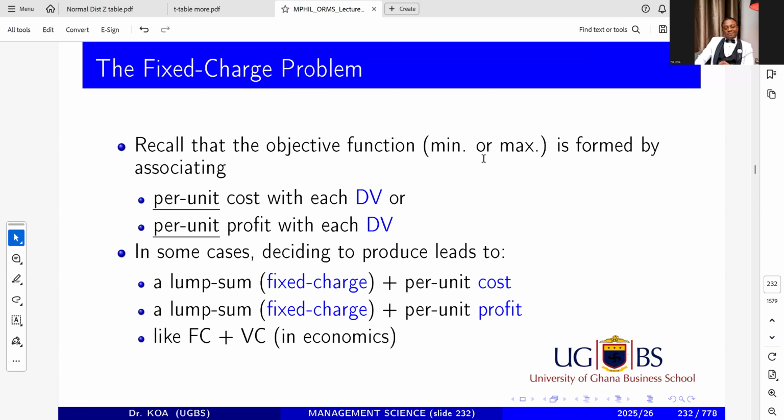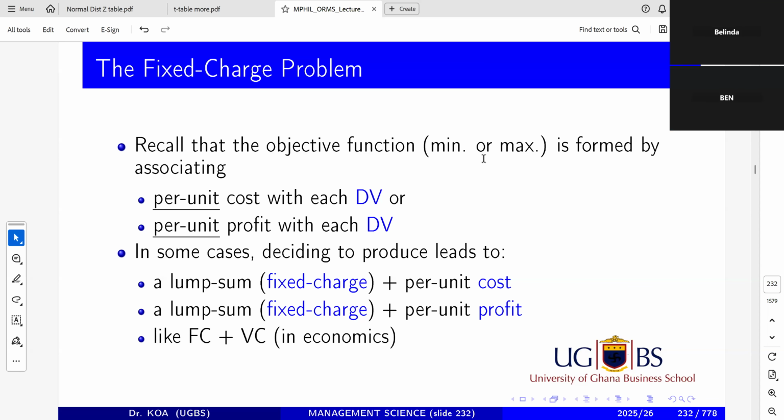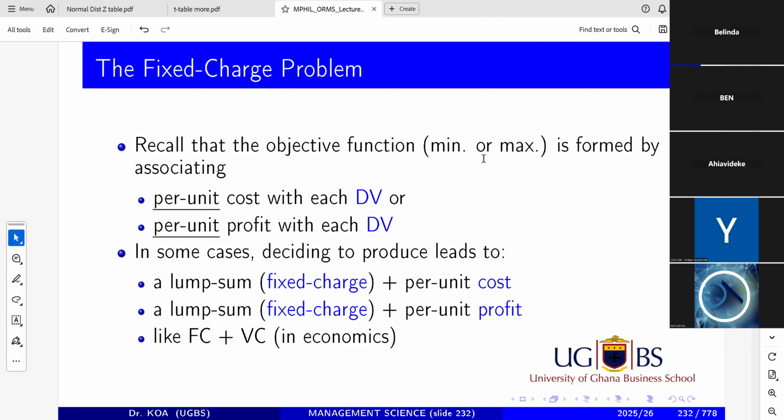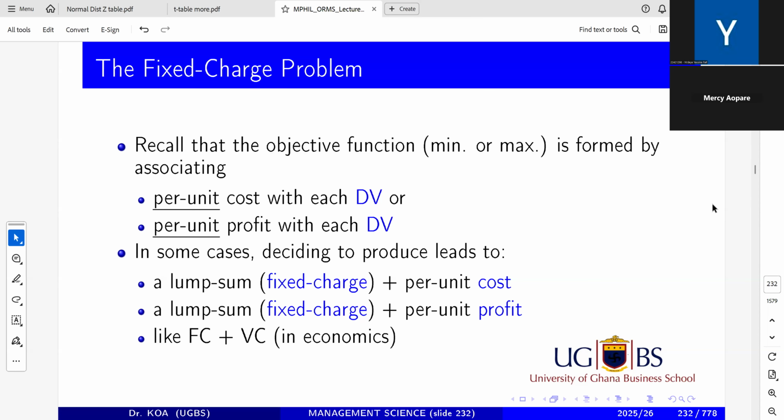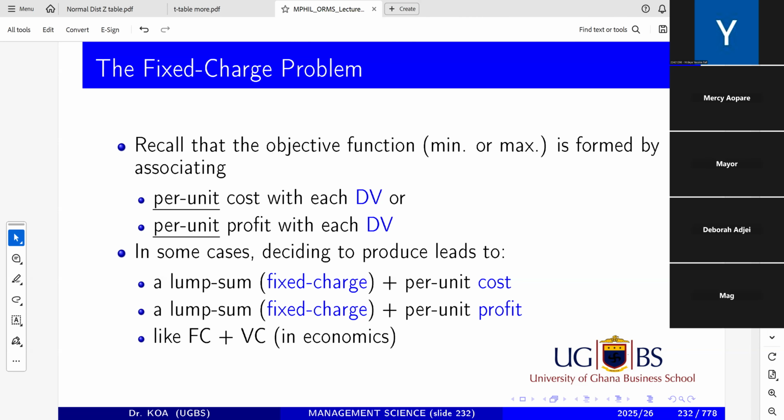Now, ladies and gentlemen, the word fixed, who can give me another word for fixed? Another word for fixed. Ben: Constant. Belinda? Mercy: Permanent.